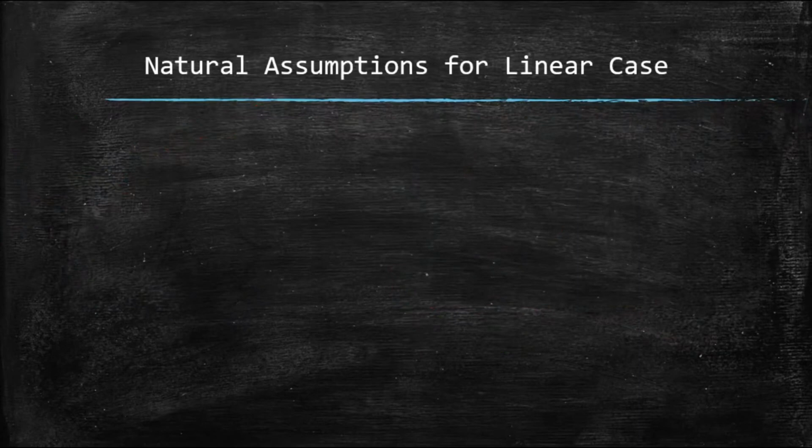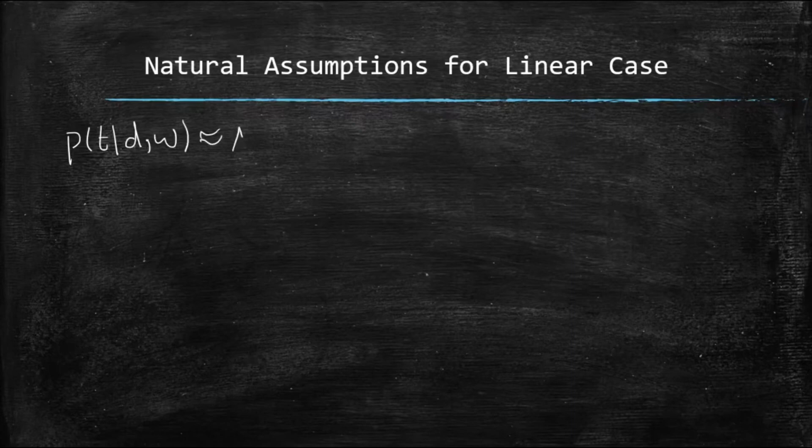Now, for regression, if we assume that our likelihoods, given D and W, are normally distributed, let's show it with a normal, with, say, a mean and a variance, right?